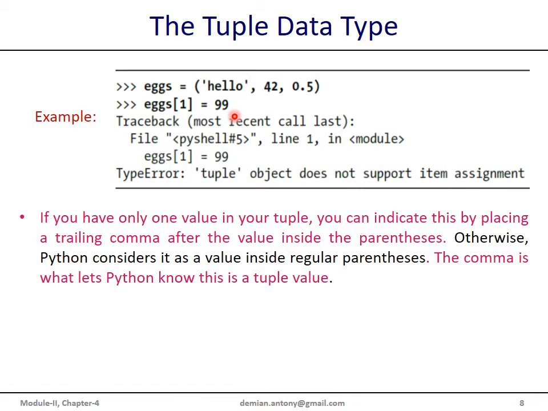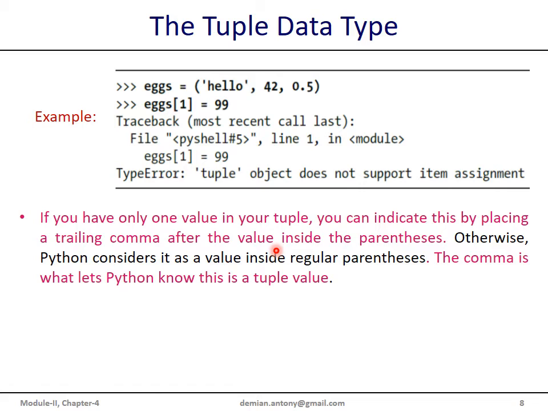Remember, if you have only one value in a tuple, then you have to place a trailing comma after the single value inside the parenthesis.